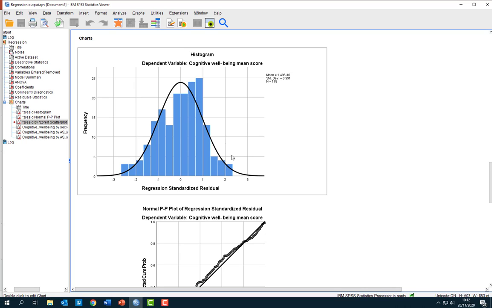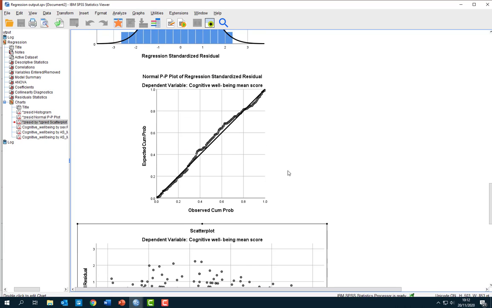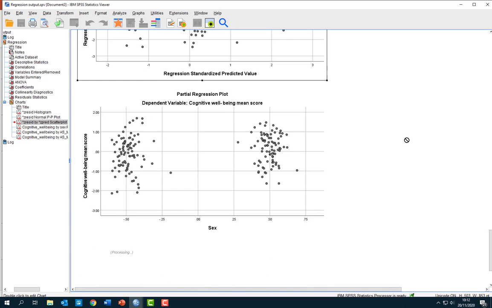It's roughly following a normal distribution, and if we have a decent sample size, which we do, over 100 here, then the regression can be fairly robust to moderate violations of normality. So we should be safe here, and that's what the PP plot also shows us. If we had a perfectly normal distribution, every one of these data points would fit on the line exactly. We can see some deviations, but they're not too extreme, so that's a good sign.